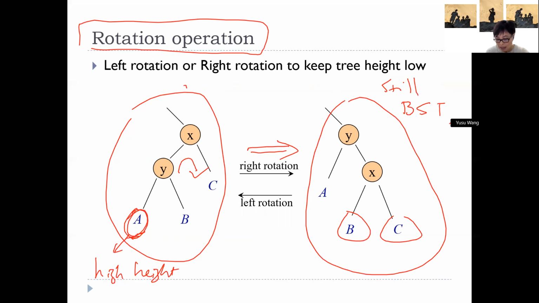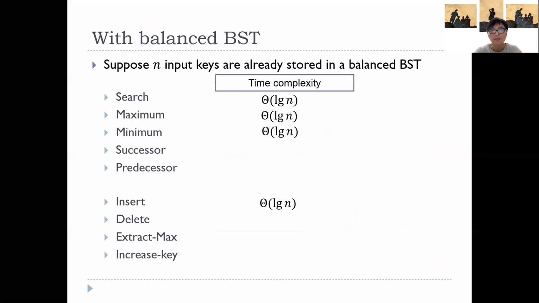The good thing is that you see now this bad branch A, which used to be very long, becomes one height shorter. So we kind of shrink the height. This rotation operation is what we use to change the height of the tree, and that's how we rebalance after dynamic operations in a balanced binary search tree, to make sure the height remains logarithmic in the size.